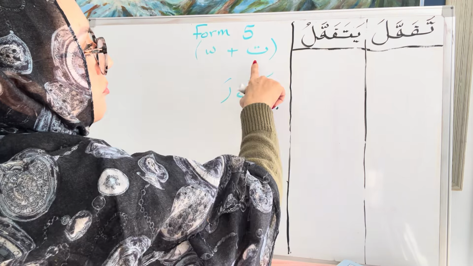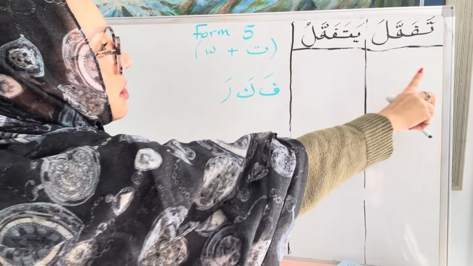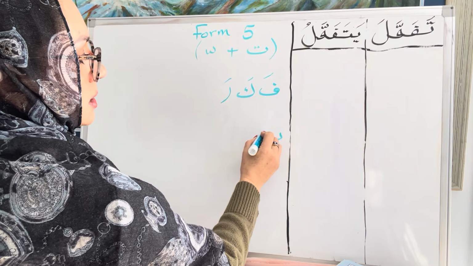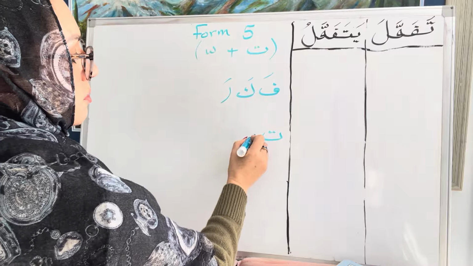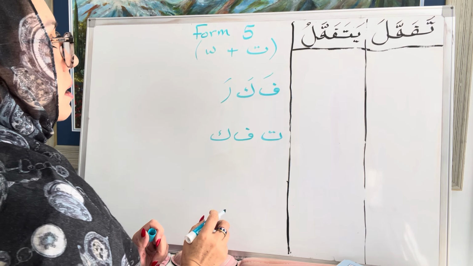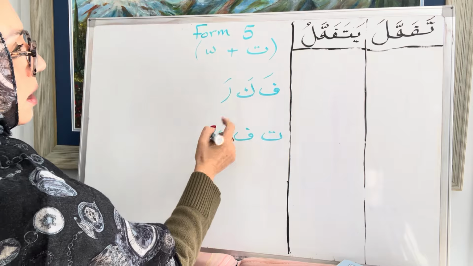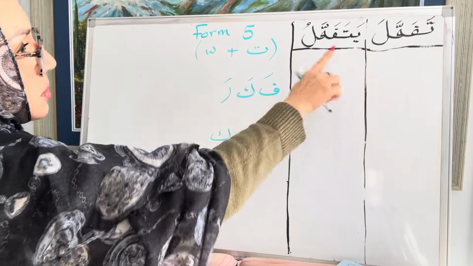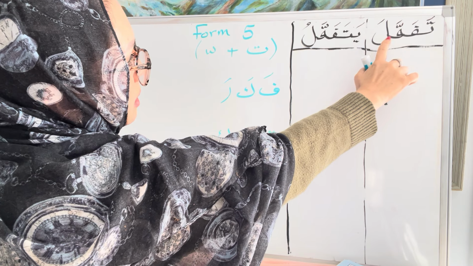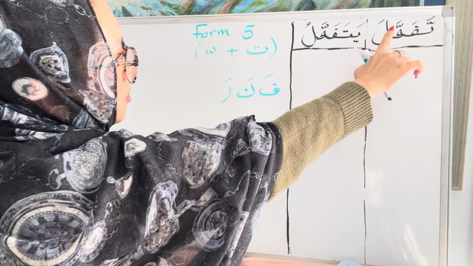So notice in Form 5, the first thing we're going to do is add a ta. So we're adding a ta here, and then we have the fa, and then the ka. Now, if we follow the fa kalima, ain kalima, lam kalima, the ain kalima is doubled.